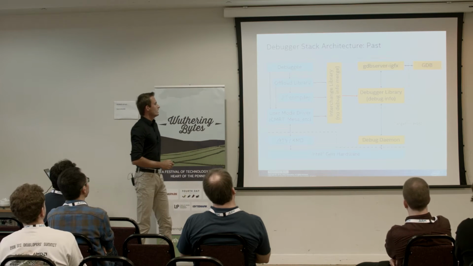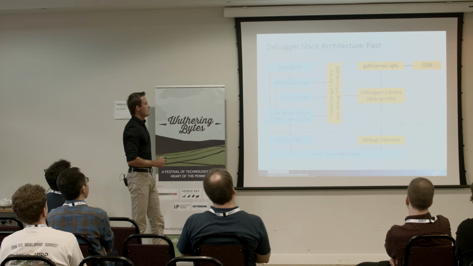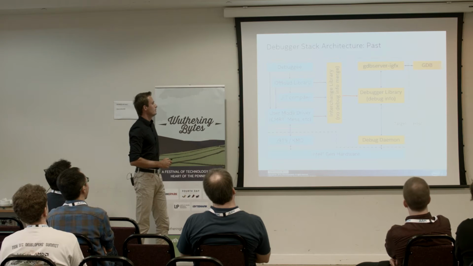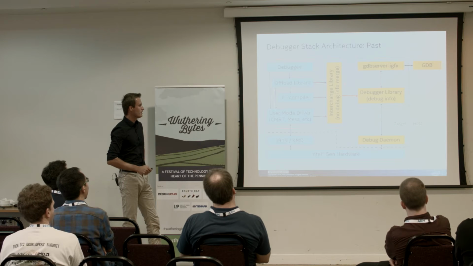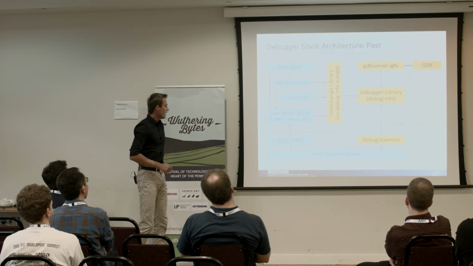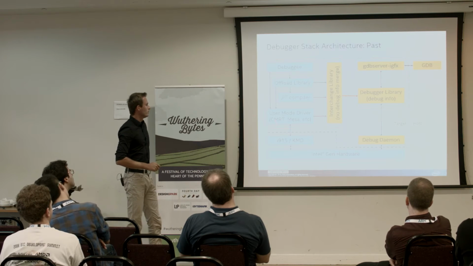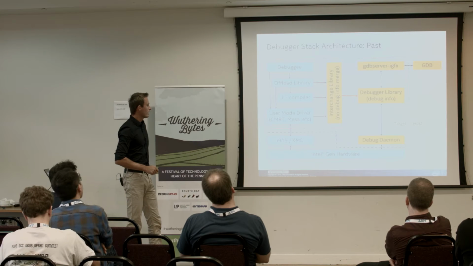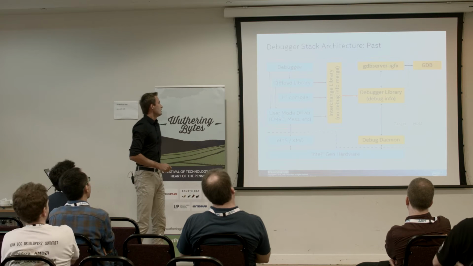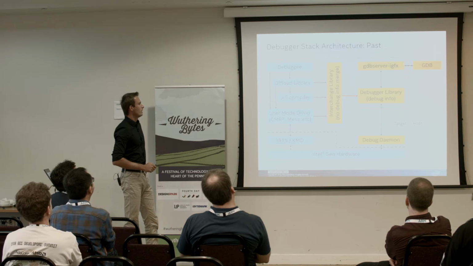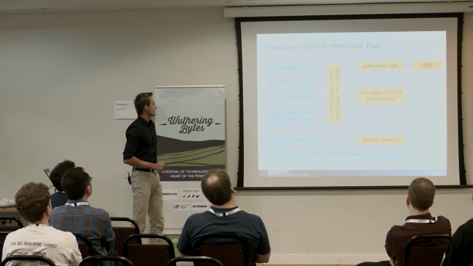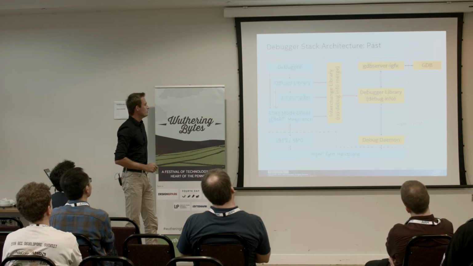So this is a breakdown of the architecture that I pretty much presented last year. The components of the debugger stack are the ones in yellow. And in blue, you have the normal runtime entities. So normally, for the Cilk Plus case, you have your host app running on x86, on the CPU.